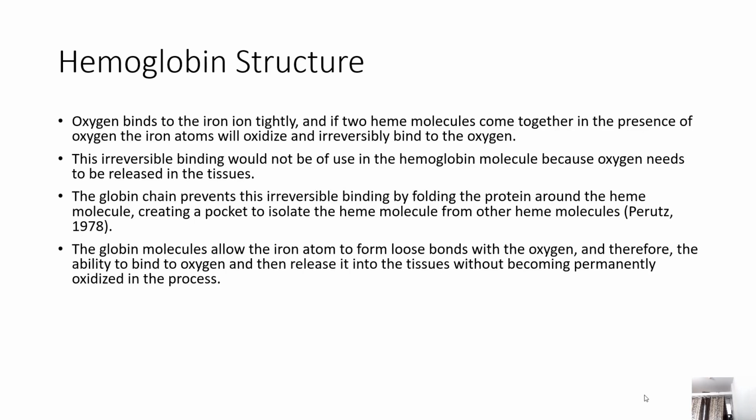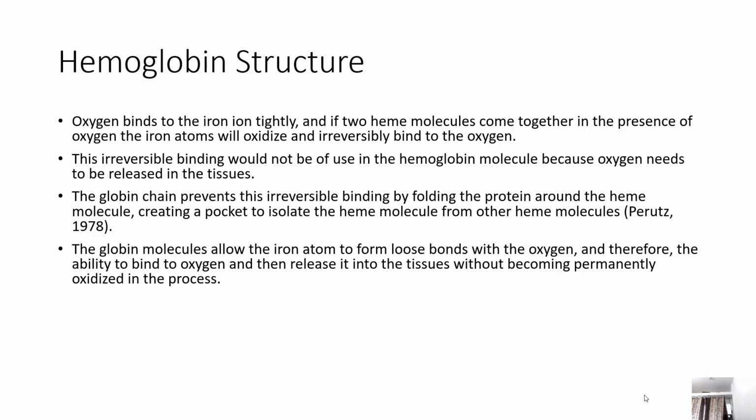Oxygen binds to the heme iron ion tightly, and if 2 heme molecules come together in the presence of oxygen, the iron atoms will oxidize and irreversibly bind to the oxygen. This irreversible binding would not be of use in the hemoglobin molecule because oxygen needs to be released in the tissues.